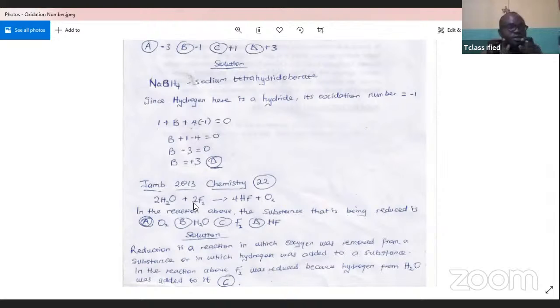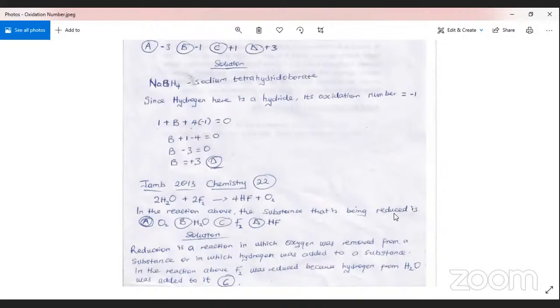The fluorine here does not have any hydrogen, but here it is having hydrogen. So there is addition of hydrogen to fluorine, and that makes fluorine the one being reduced, because the question is asking which substance in the reaction above is being reduced. It's fluorine.